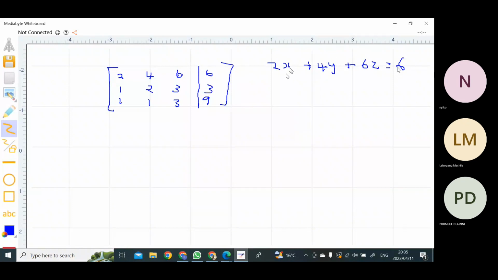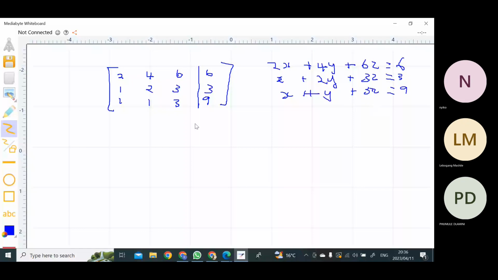I'm just using x, y, z, so the letters that I'm using do not necessarily mean that they are going to be exactly the way I'm writing now. It will also be written as x plus 2y plus 3z equals 3. Then it can be written as x plus y plus 3z equals 9.